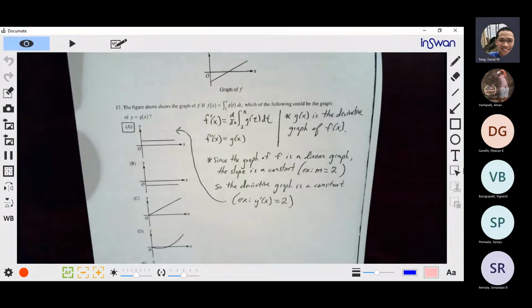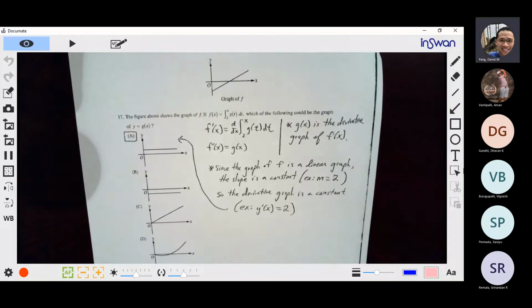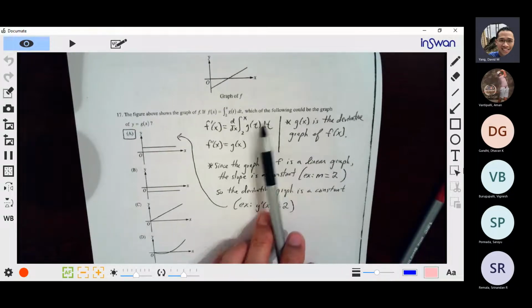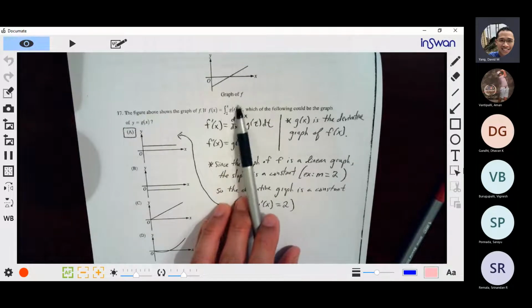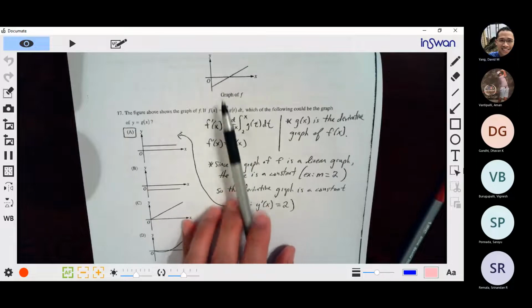Okay, the figure shows the graph of f. f of x is the definite integral from 2 to x of g of t. Which of the following could be the graph of y equals g of x? So we know that g of x must be sitting at the derivative level of f.